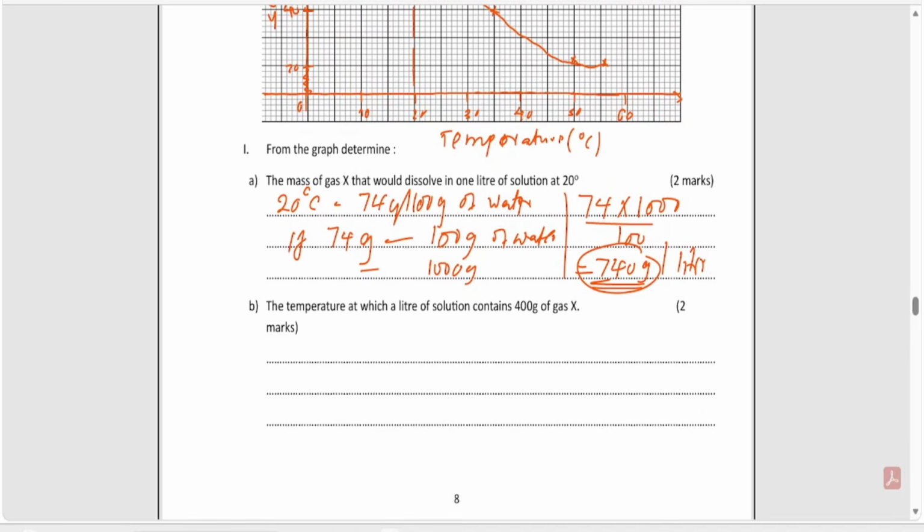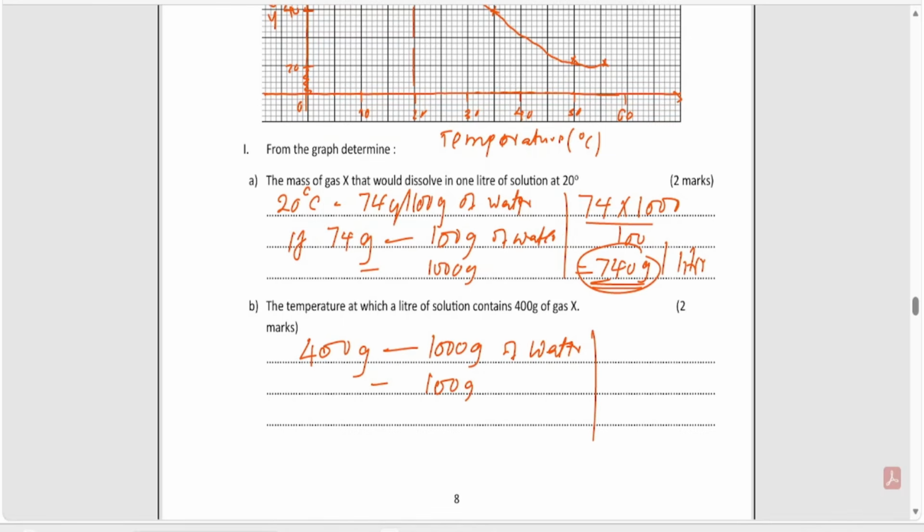Then we have question part B, the temperature at which a liter of solution contains 400 grams of gas X. So here I will just do the calculation. If 400 grams is in 1 liter of water, because our graph is using 100 grams, I'll ask myself, what about 100 grams?